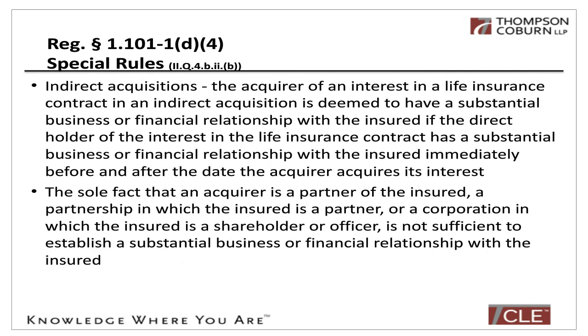All right. Now let's go into special rules. We know who's a stranger under these reportable policy sale rules. Let's go back to these rules for indirect acquisitions. So if you have an indirect acquisition of a life insurance policy, for example, there's a partnership that has a life insurance policy, and you get an interest in that partnership, so you've indirectly gotten an interest in that life insurance policy.